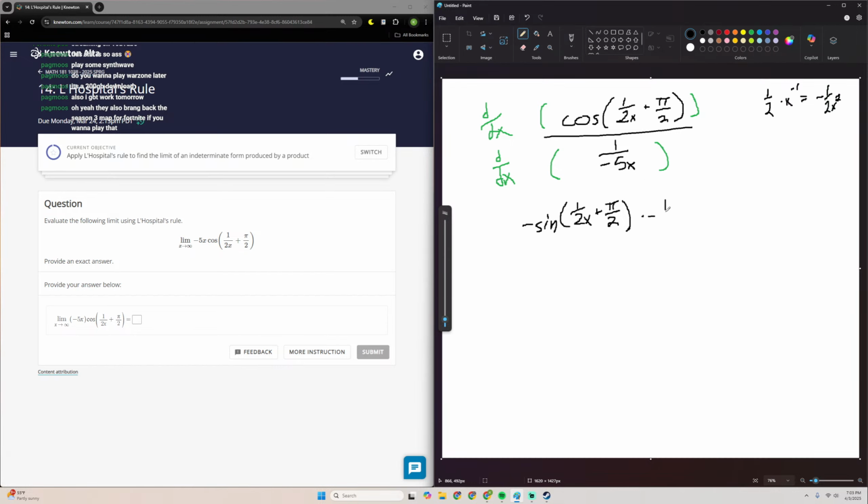Yeah, negative 1 over 2x squared. Yeah, that's the top equation. Negative 5? Right, negative 5x, times x to the negative 1 turns into 1 over 5x squared.